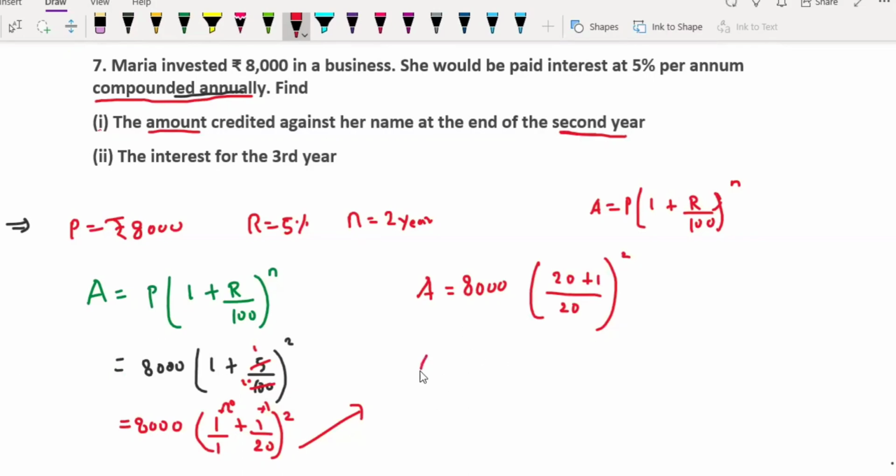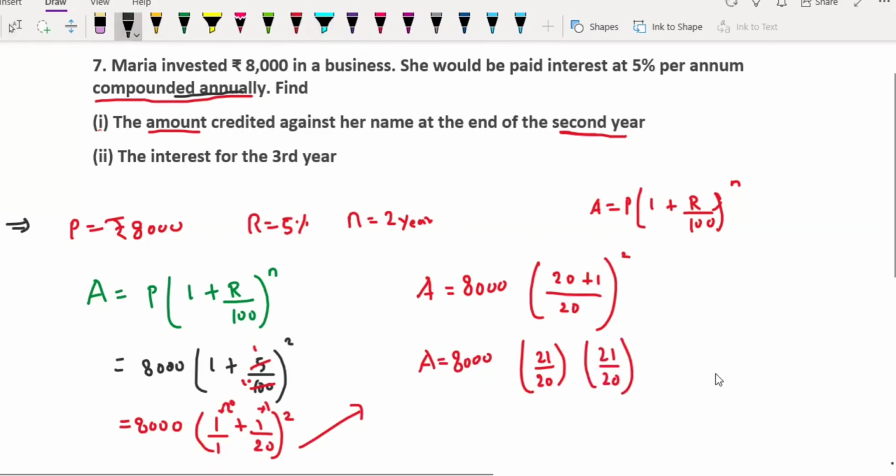So amount is equal to 8,000 of 21 by 20. 20 plus 1 is 21 by 20. I'm going to write it 2 times because the power is 2. So 21 by 20 times 21 by 20. Let us do some cancellation. First, 0 and 0 get cancelled.